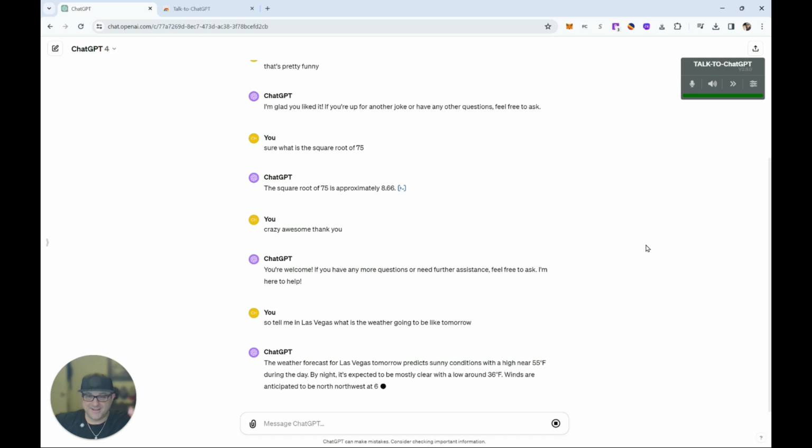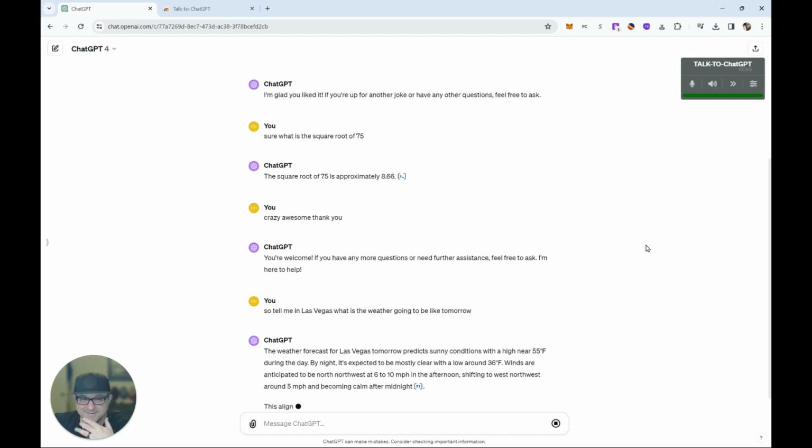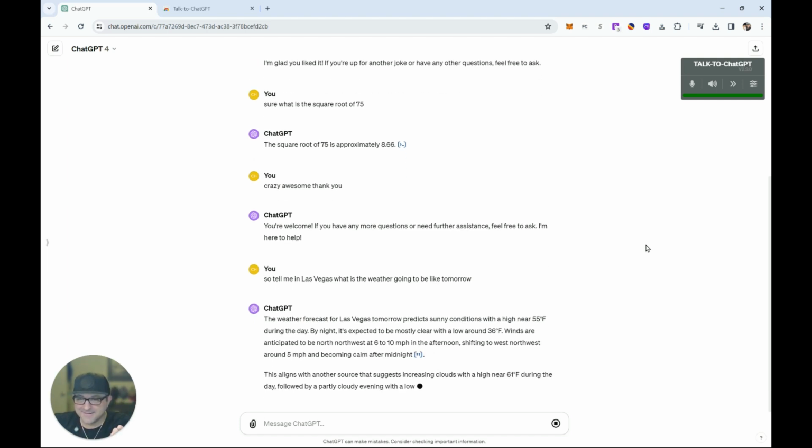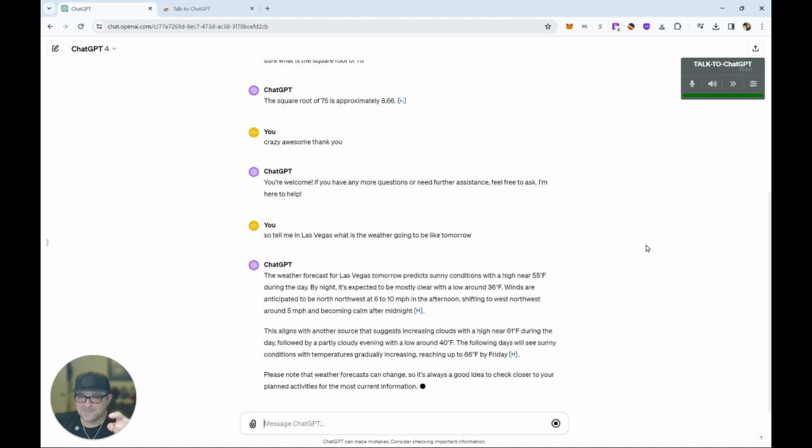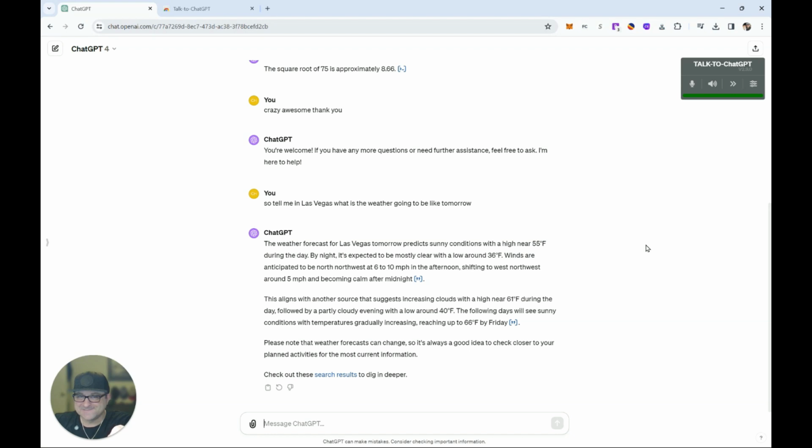The weather forecast for Las Vegas tomorrow predicts sunny conditions with a high near 55 degrees Fahrenheit during the day. By night, it's expected to be mostly clear with a low around 36 degrees Fahrenheit. Winds are anticipated to be north-northwest at 6 to 10 miles per hour in the afternoon, shifting to west-northwest around 5 miles per hour and becoming calm after midnight.